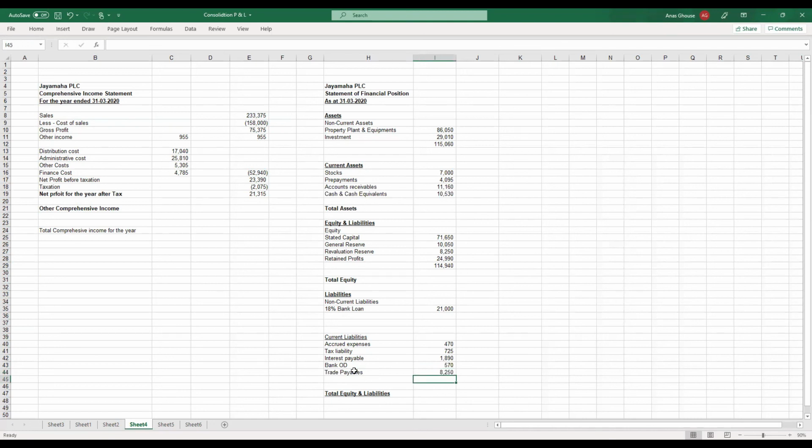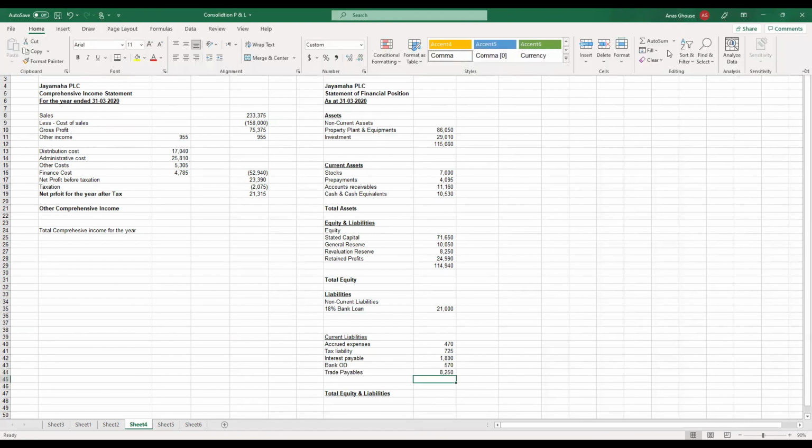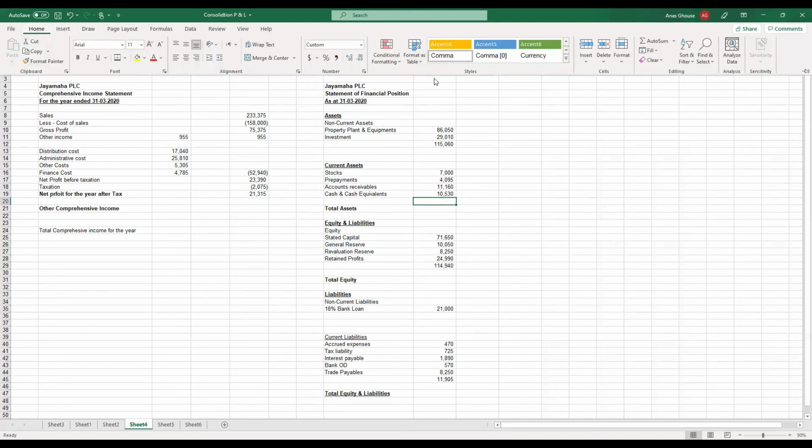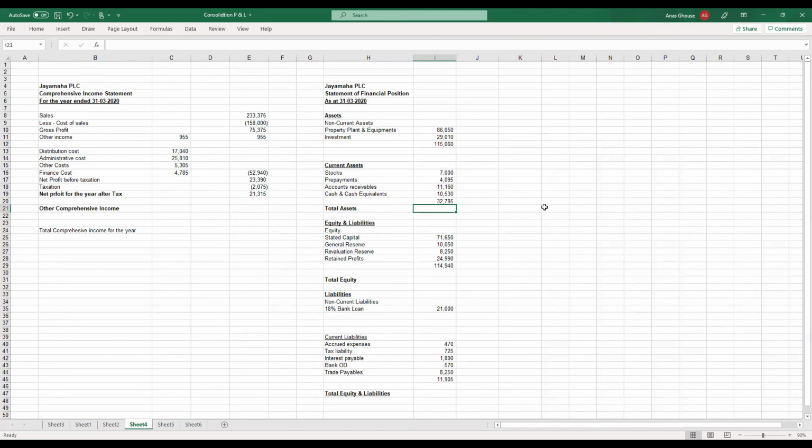That has to be added. So that total will be how much? 11,905,000. Your total bank loan is 21,114,940. And what is the current assets total? Let's take the current assets total, 32,785.